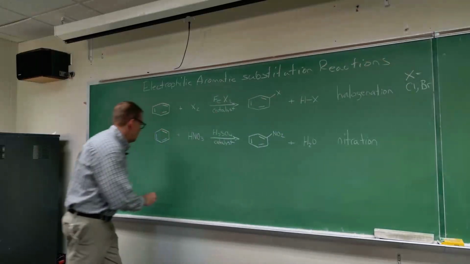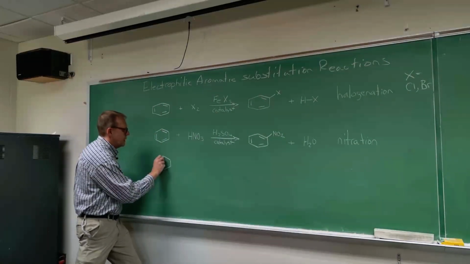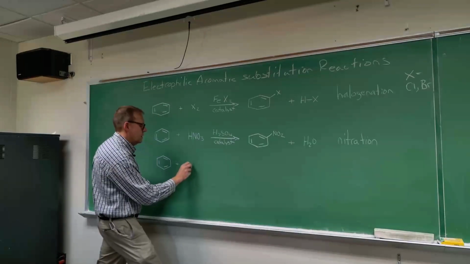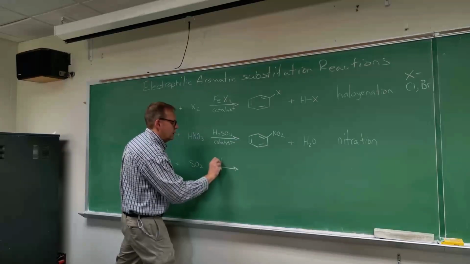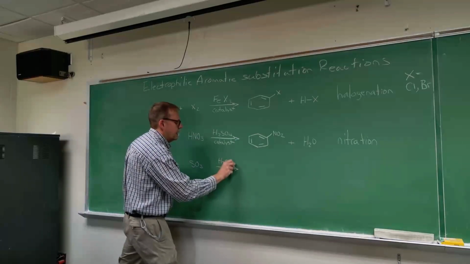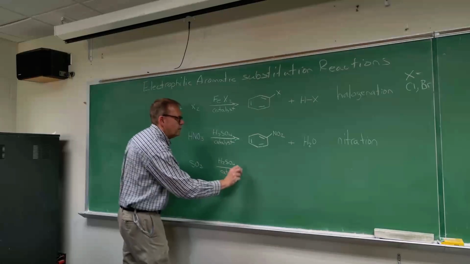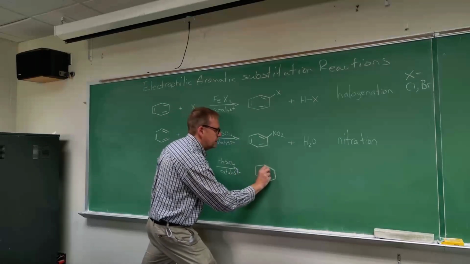Then there's another one called sulfonation, which involves the benzene ring being put in with SO3 and H2SO4. It's a really strong acid catalyst to generate something called sulfonic acids.